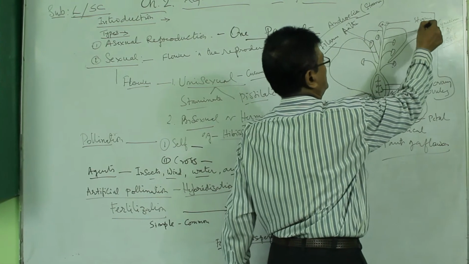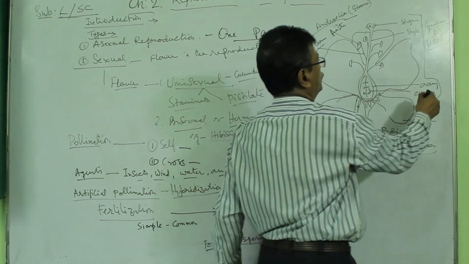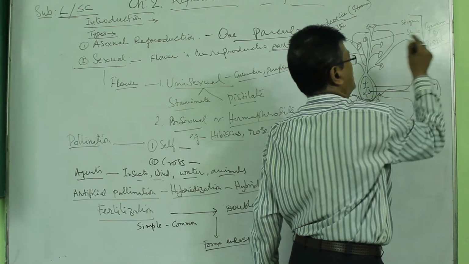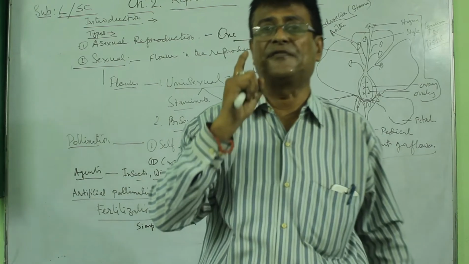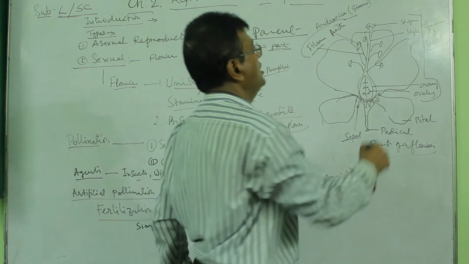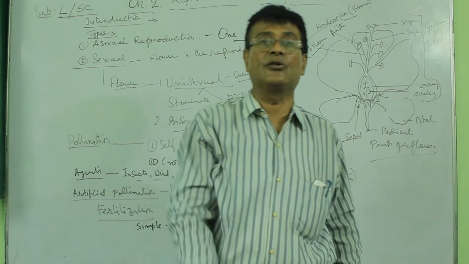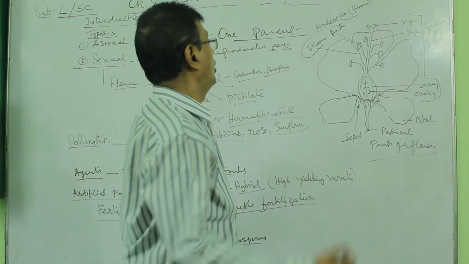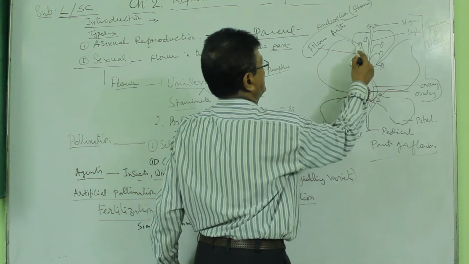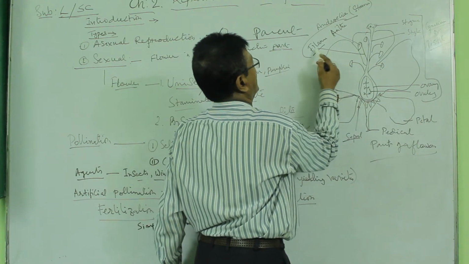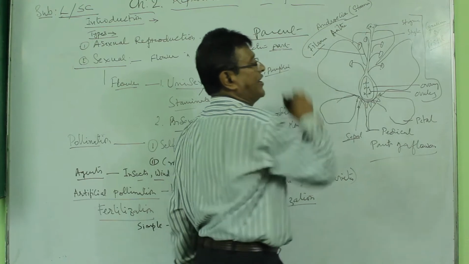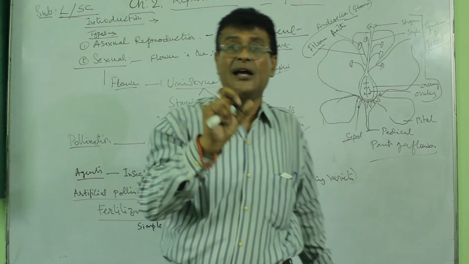So stigma, style, ovary and ovule all become part of one system, the female reproductive system, known as the gynoecium or pistil. On the other hand, there are the projections that come out. They are known as the filaments, and on top of the filament there is the anther.